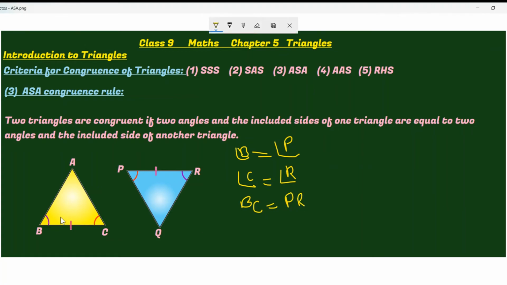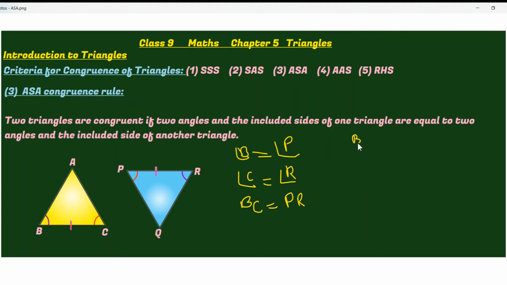That means two angles and the common arm of the two angles, that means the included side. If two angles and the included side are equivalent to the two angles and included side of the other triangle, then we can say these two triangles are congruent by ASA rule.